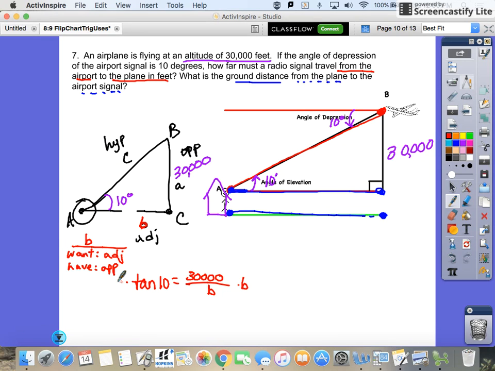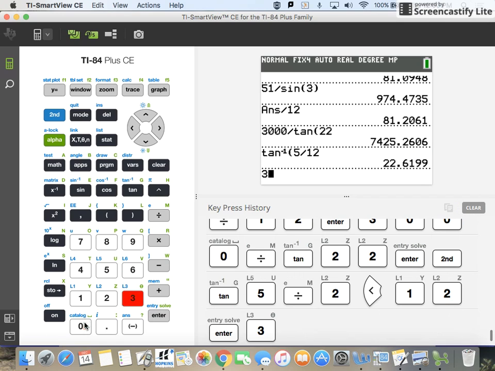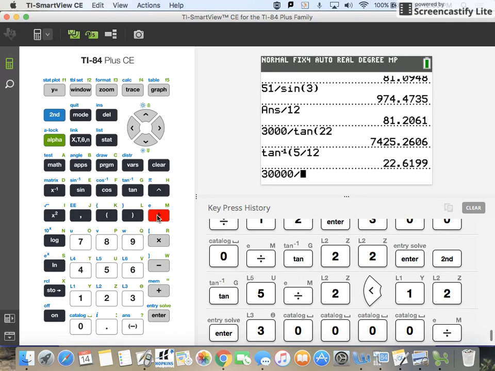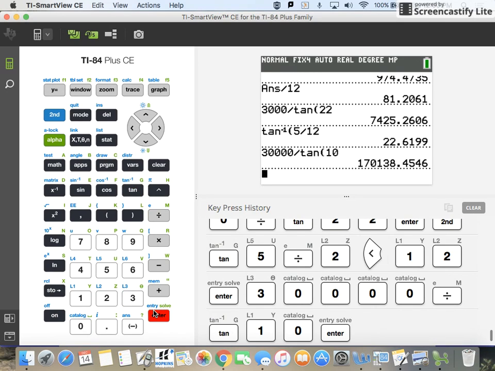If you multiply by B on both sides and then divide by the tangent of 10, what you end up with is that B equals 30,000 divided by tangent 10. Which is 170,138.45.